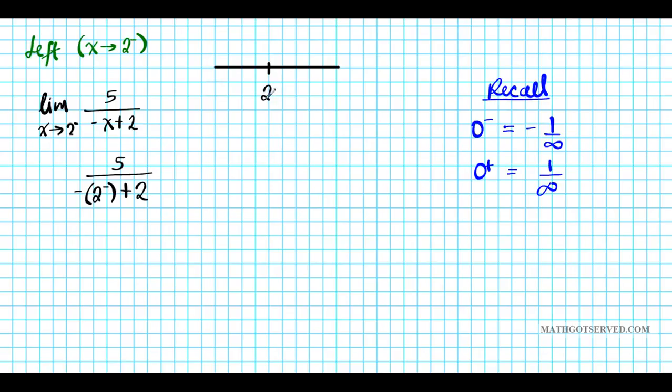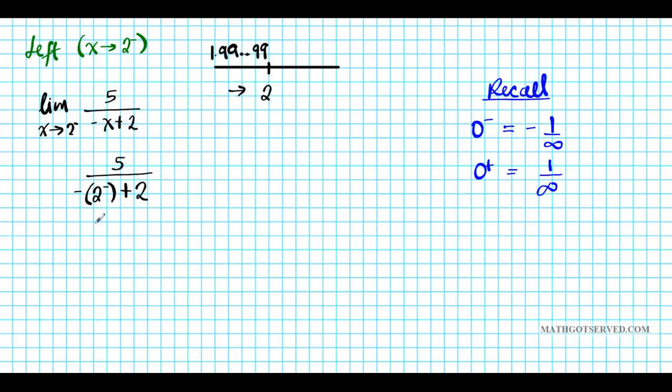You get really, really close to 2 from the left. So somewhere here, you're approaching 2, you have something like 1.99, infinite number of 9s. Okay, so that's basically what 2 from the left is.